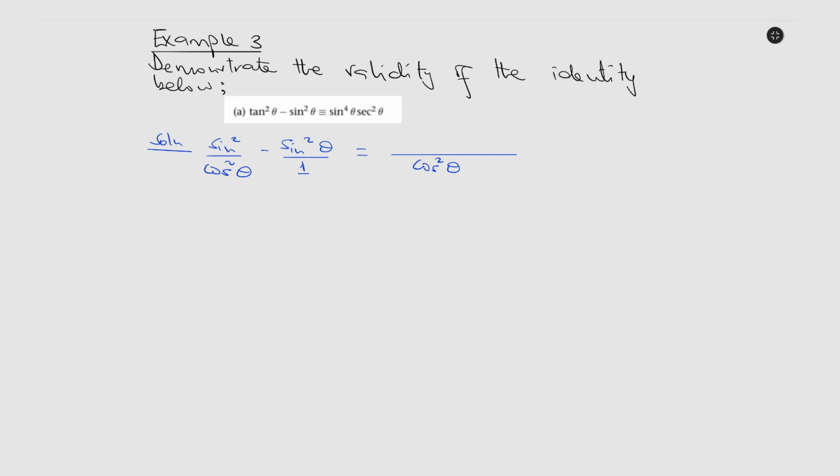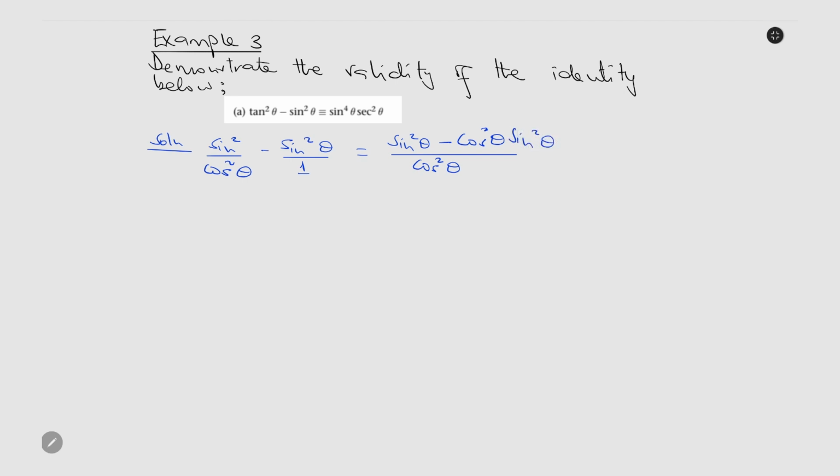Cos squared theta goes into cos squared theta once. 1 times sine squared theta, we have sine squared theta. Minus, 1 goes into cos squared theta many times? Cos squared theta times sine squared theta, so we'll have cos squared theta sine squared theta.